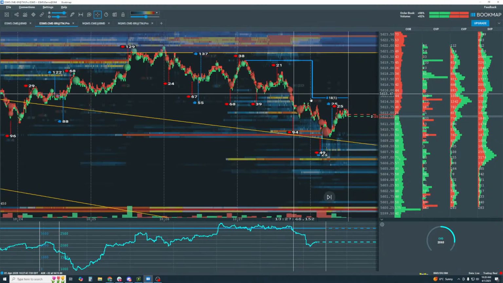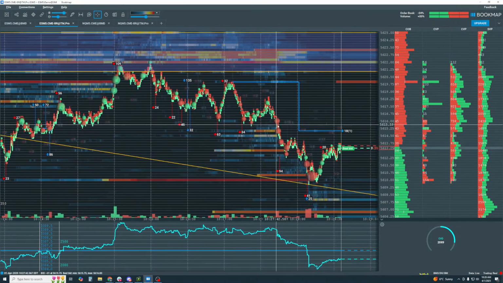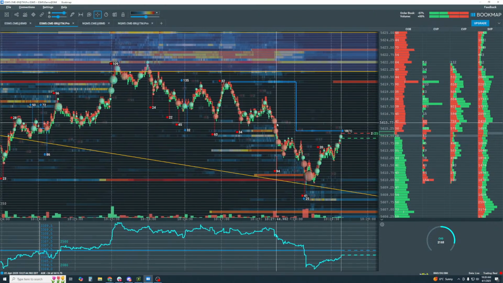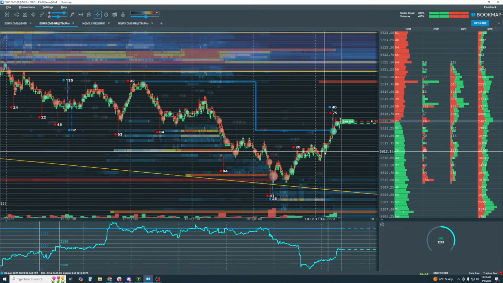Okay, so let's see if we can get a pullback back up to this area here, around 15 or 16. And we're getting that.